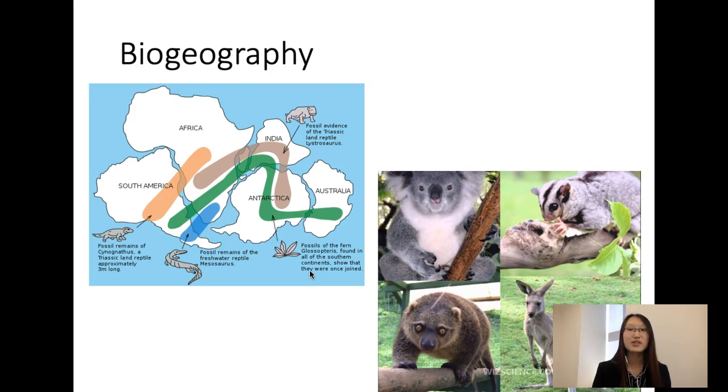The last one is biogeography. Biogeography talks about how, by looking at species at different continents or different locations, we can see similarities between them as a result of evolution. So for example, in the past, when Pangea was a thing, where the different continents were a lot closer to each other, organisms could move around different continents, and that allows the different species to end up on different continents.